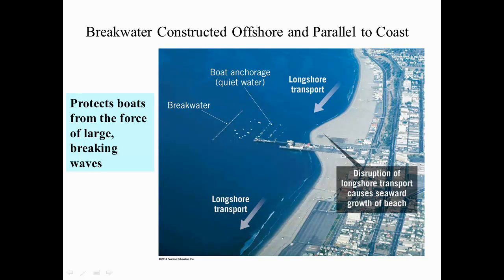This is because of the disruption of the longshore transport that causes the seaward growth of the beach directly behind the structure. Another reason why the beach is wider is because the breakwater, as the name implies, reduces the impact, the force of the incoming waves, so that the beaches behind the breakwater are not as extensively eroded as the beaches on either side.